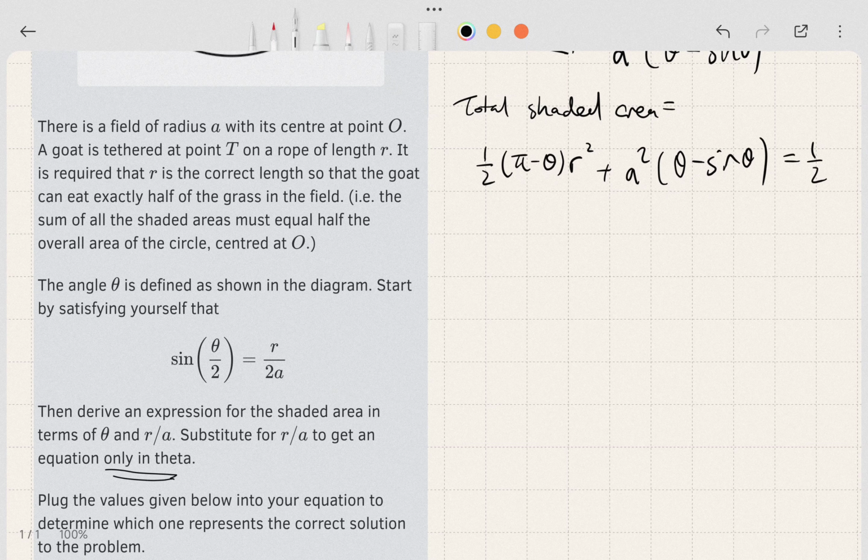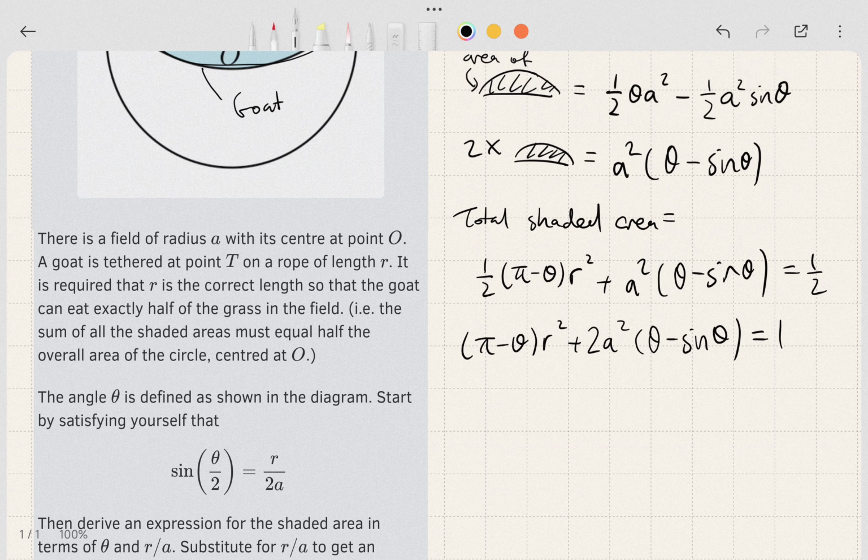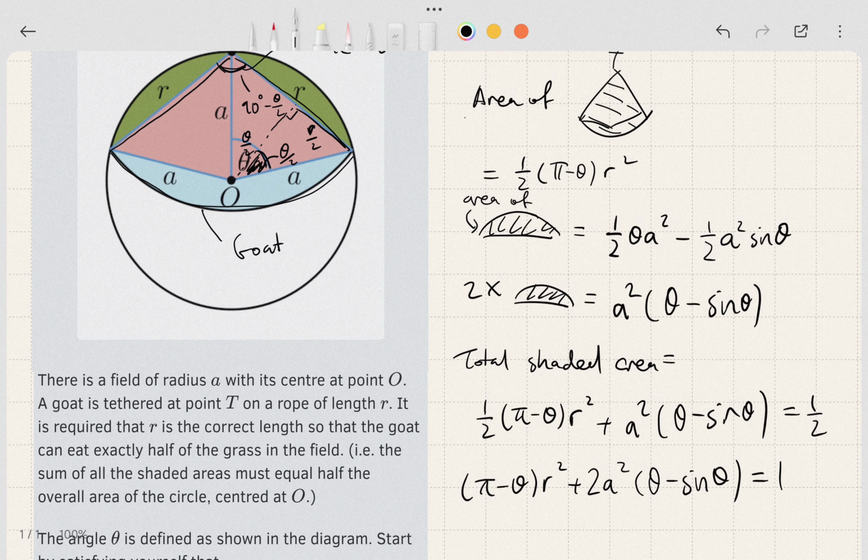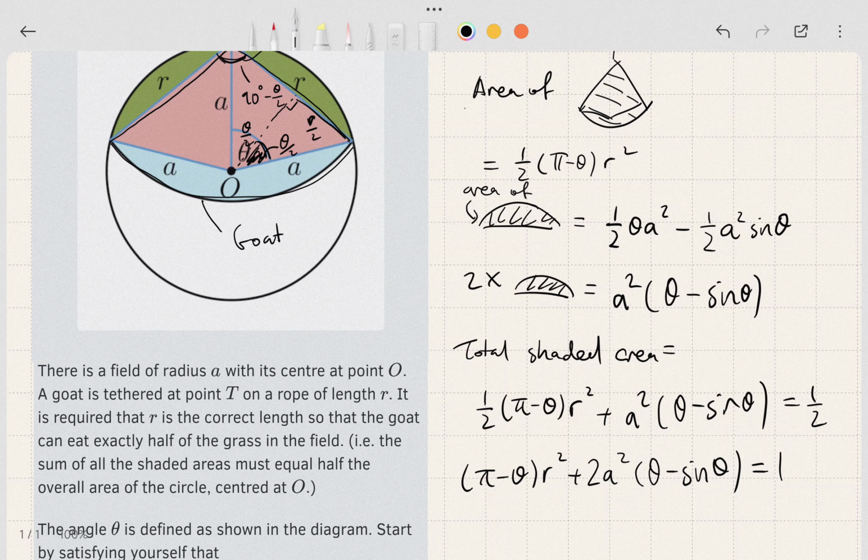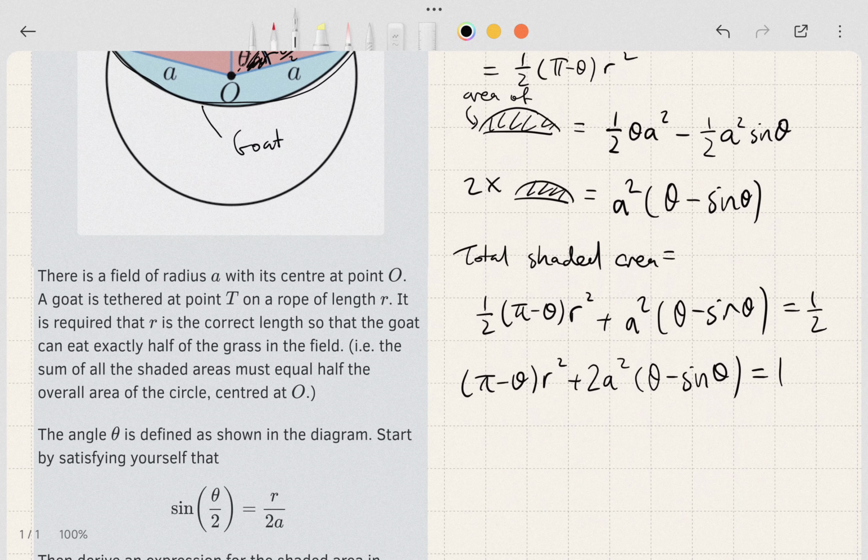The consequence of that is when you multiply both sides by 2, you get pi minus theta times r squared plus 2a squared times theta minus sine theta equaling 1. Essentially that's what you would get in this circumstance.